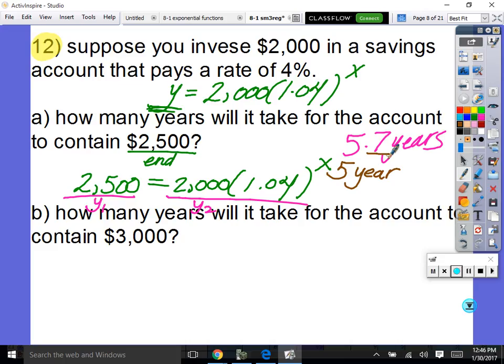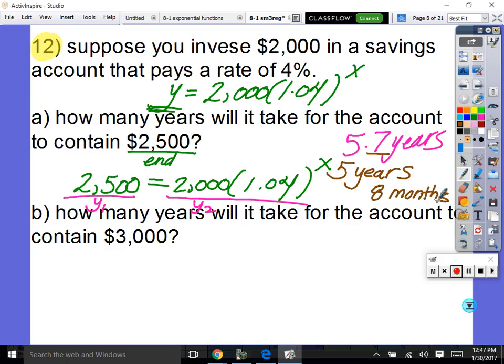So how many months are in a year? 12. So we want 70% of 12. So type in your calculator 12 times 0.7. What is it? 8.4. So that means 8 months. Does that make sense? 5 years, 8 months.